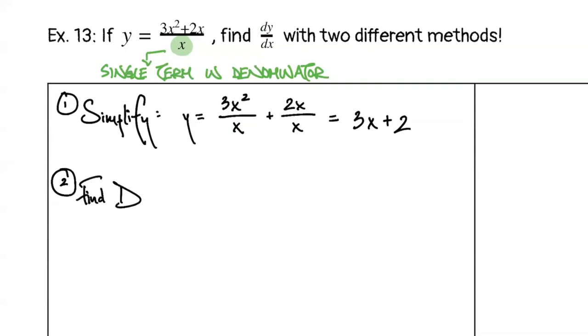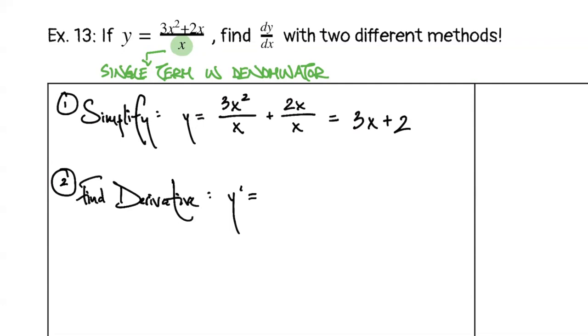So after we simplify, we can find our derivative. And so if our function is now 3x plus 2, what is our derivative? Three. Yeah, it's just going to be 3. And we can think about this in a number of ways.